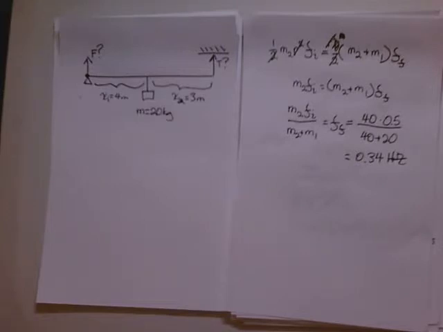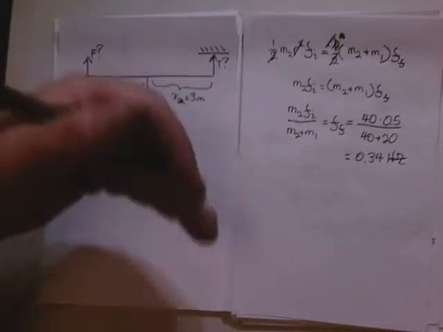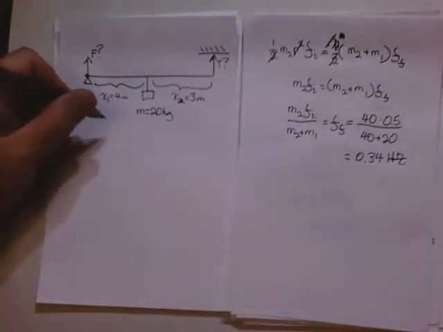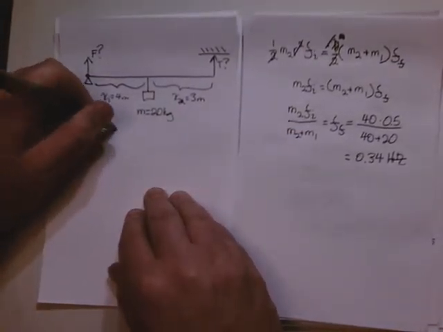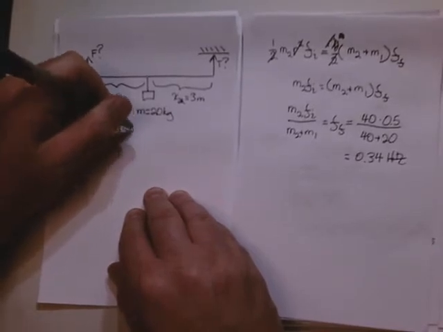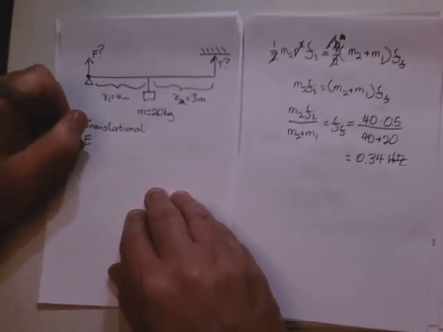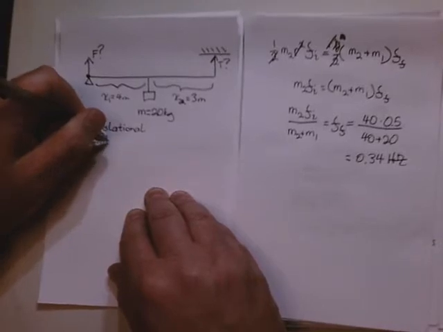Now, what I'm going to do is make an observation. It's not moving. It's not doing anything, which is awesome. Because if it's not moving up, down, left, right, it is in translational equilibrium.